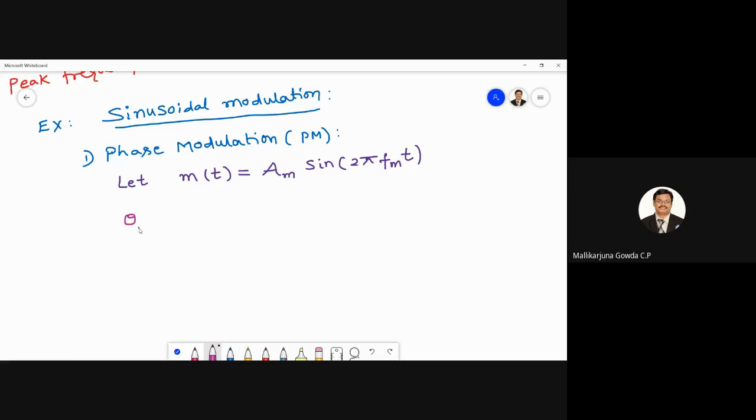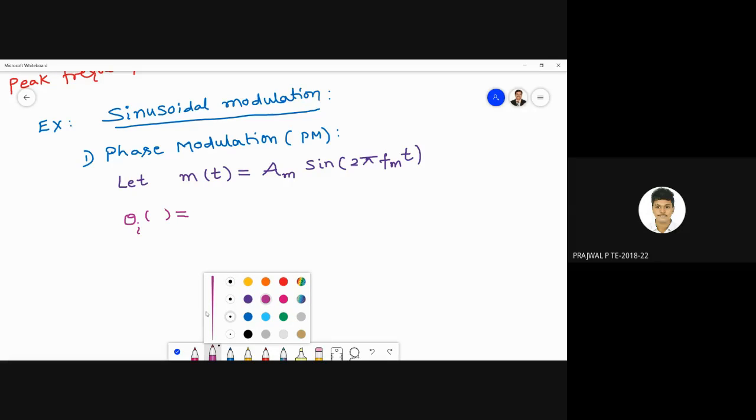That is theta i of t. What is theta i of t?